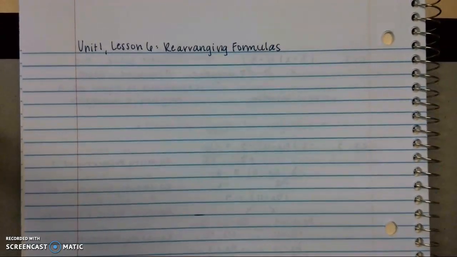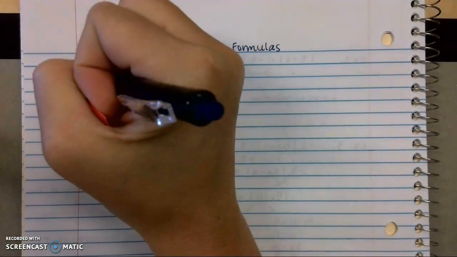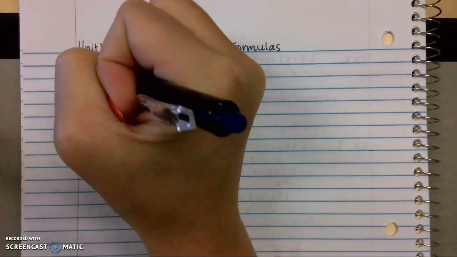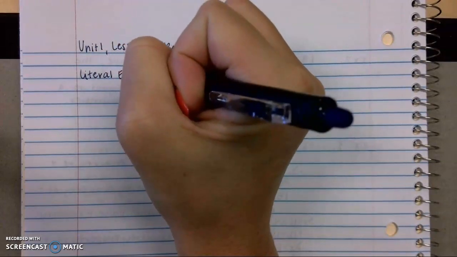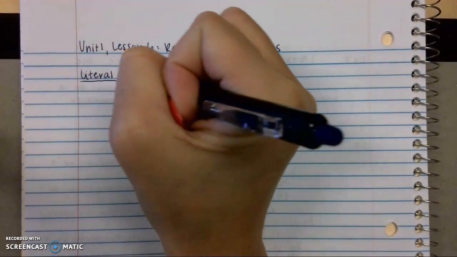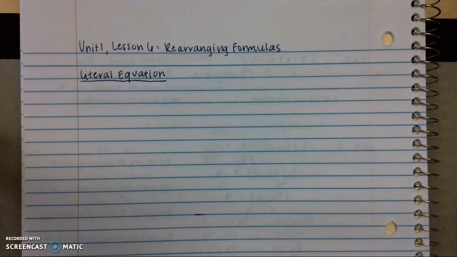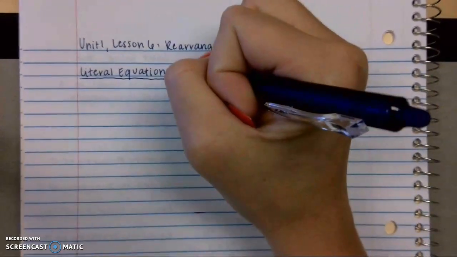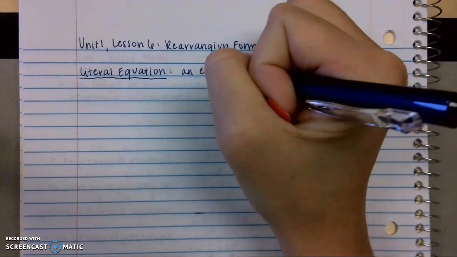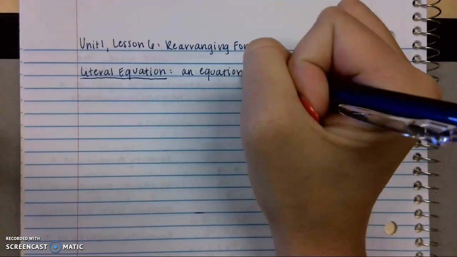So the first thing is to talk about what we are simplifying, and what we are going to be simplifying today is going to be a literal equation. Okay, literal equation. It's an equation with 2 or more variables.